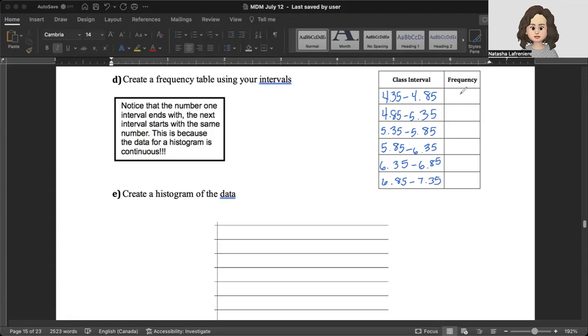Okay, so if you were to look at your data, you've got one that lies between here, 13 here, 12, 6, 5, and 3. Okay. So I'm going to clear that so we can create our histogram.